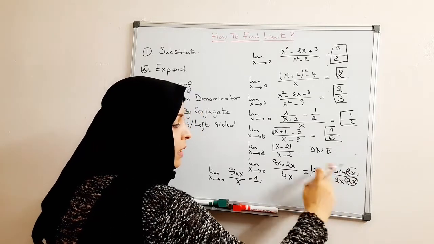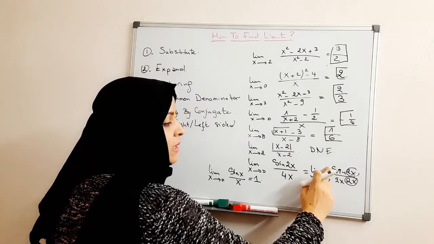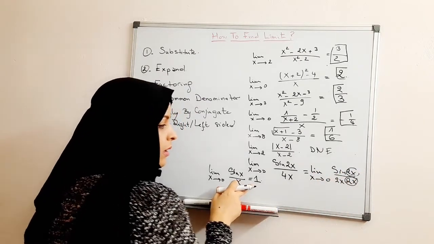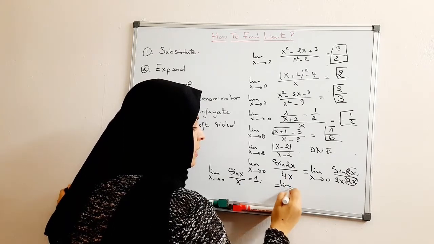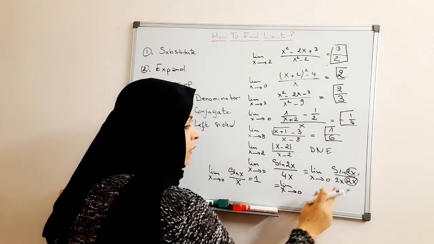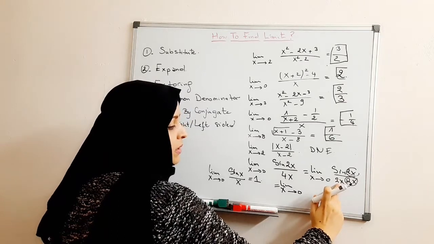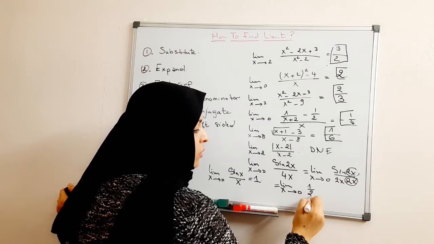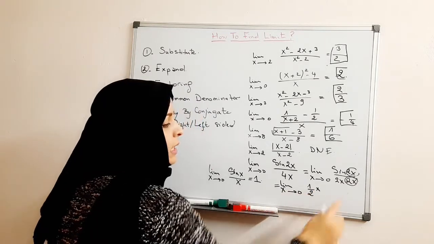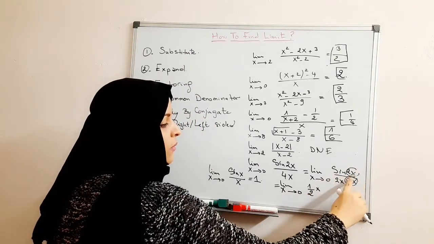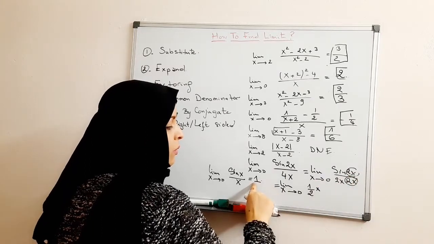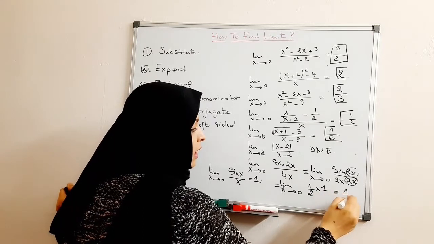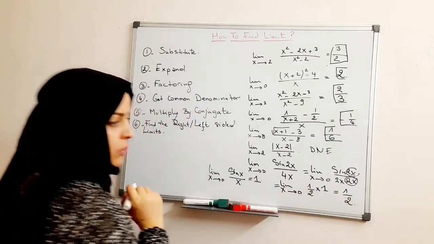So the limit when x approaches 0 of sin 2x over 2x is 1. We keep this 2 we have in the denominator, so it's 1 over 2 multiplied by the limit of sin 2x over 2x, which is equal to 1. And the result is 1 over 2.